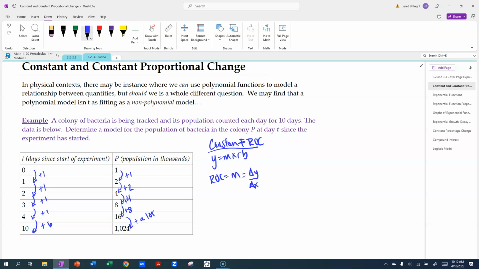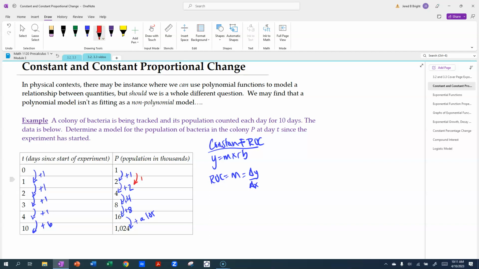So if we changed x by 1, our dependent variable, our output, would change by whatever m was. Well, in this case, as we look at p, it doesn't change by the same amount each time. It's variable.